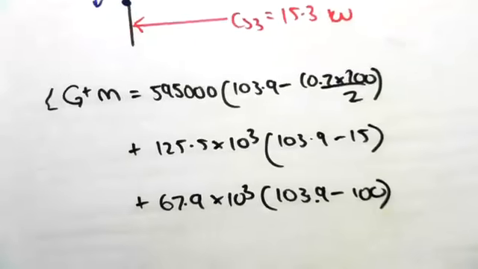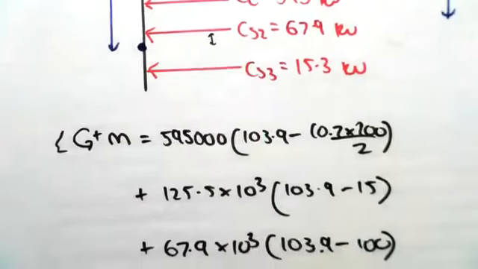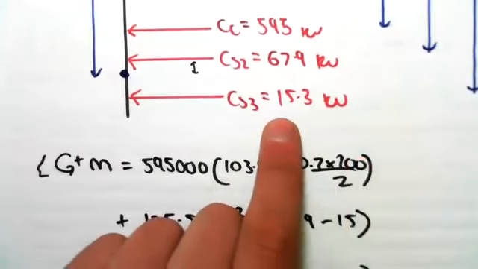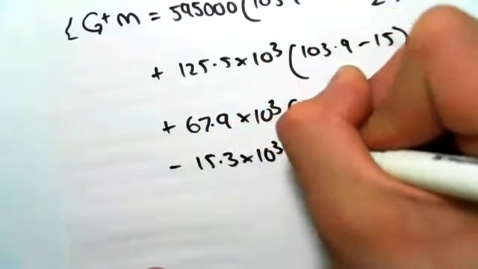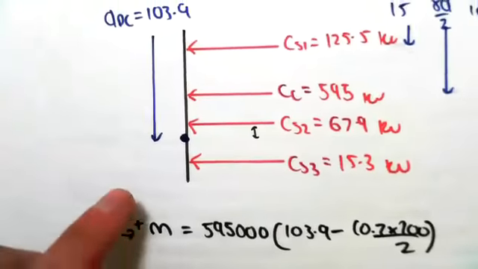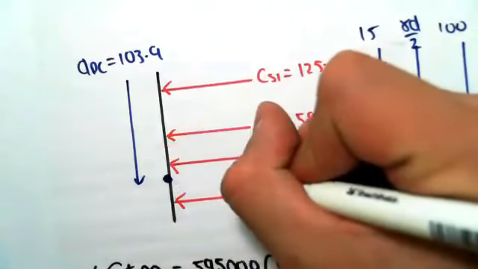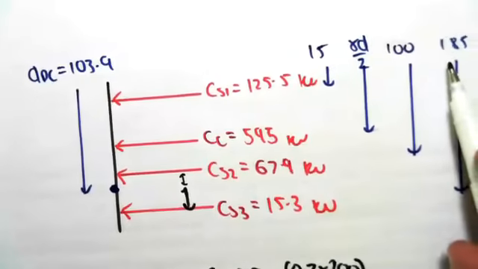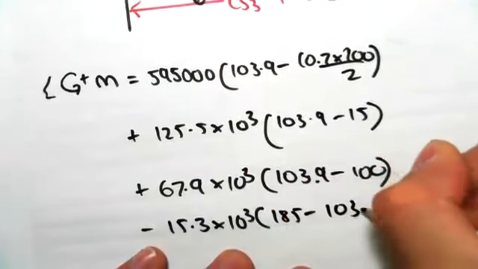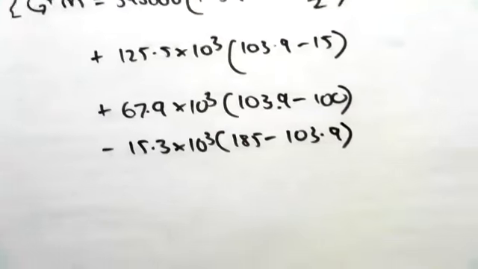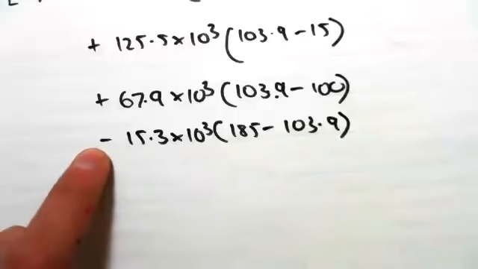And finally, minusing, because this is acting clockwise, so it's going to be a negative moment. 15.3 kilonewtons is the force, so 15.3 times 10 to the power of 3 times its lever arm. Now I'm going to switch it around. The distance from there to there is 185 minus 103.9. What you could have done is 103.9 minus 185, but that then would have to be positive.